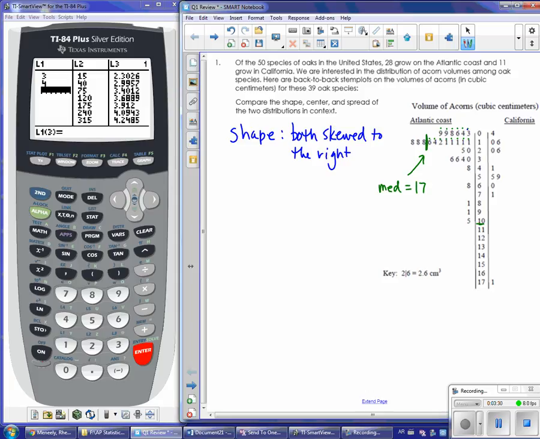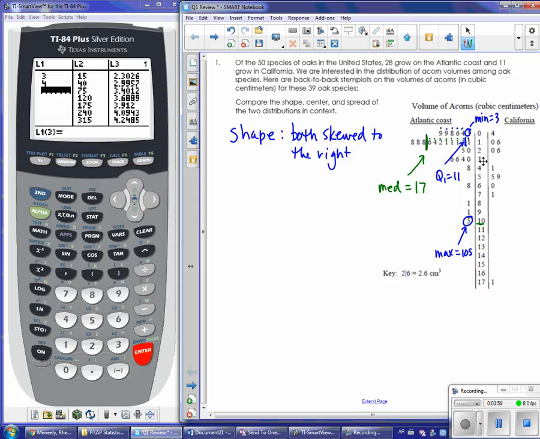So if I count 1, 2, 3, 4, 5, 6, 7, then my 8th position right here is where my Q1 would be. And that tells me that my Q1 is going to be 11. My min would be this number here, which is 3. And I can see my max is this number here, and that's going to correspond to 105.